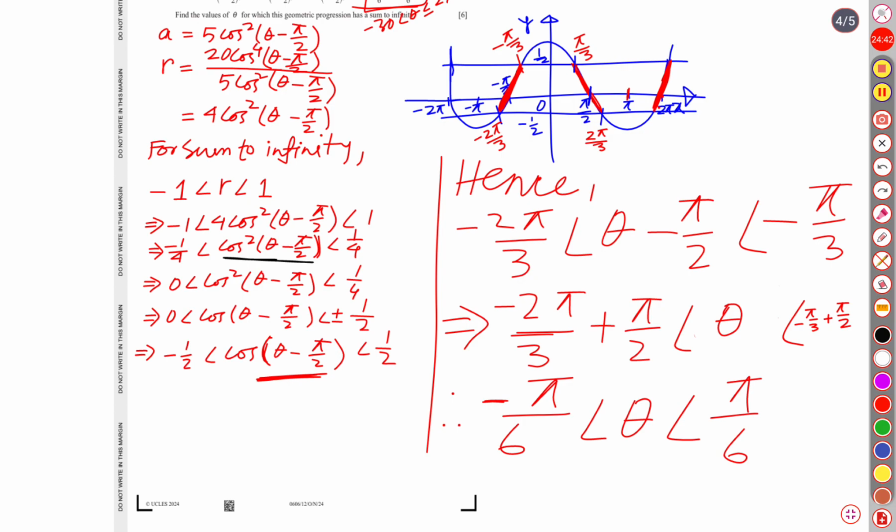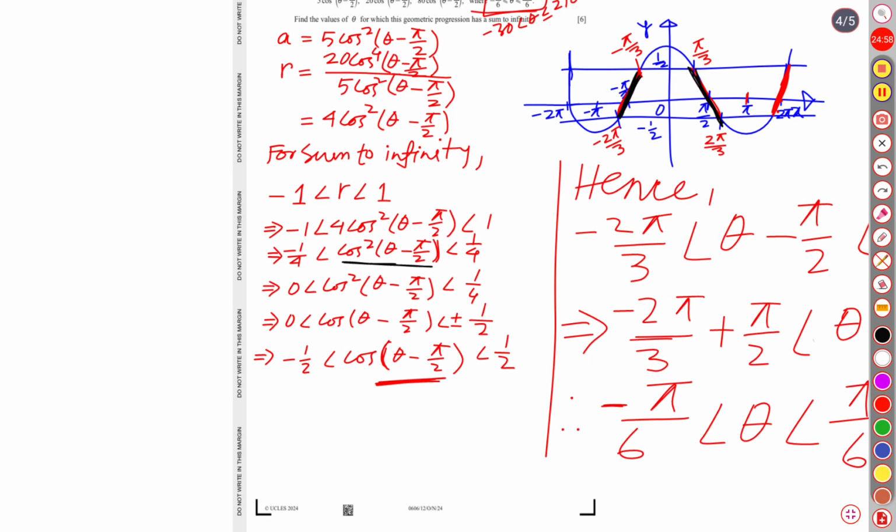You can see here, this range has already been obtained. Now the second range, this one, and we have already rejected the third one. So let me write this just over here using a different angle.